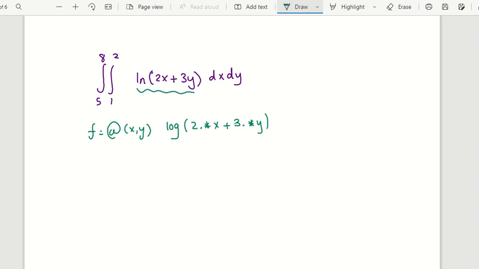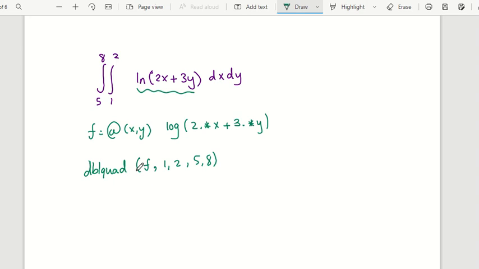Then we have to find the double integral dbl cubed of f comma, where x is from 1 to 2 and y is from 5 to 8.